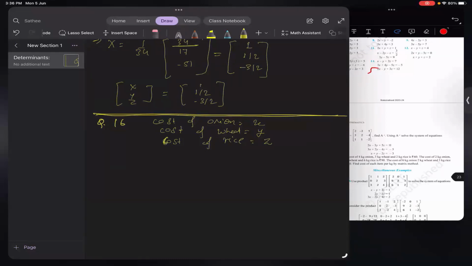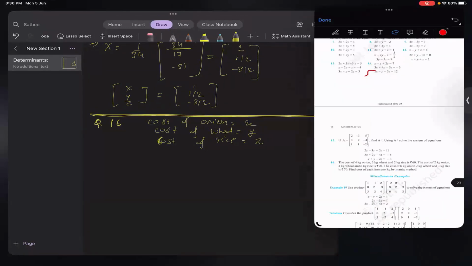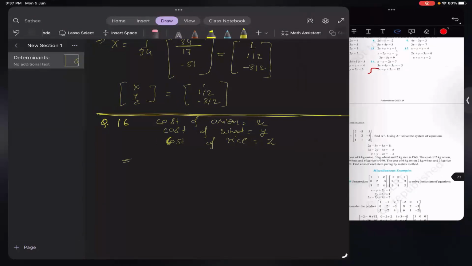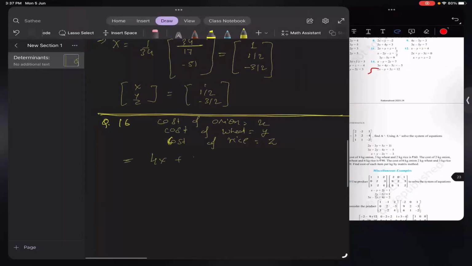So according to the first condition, we are given that 4 kg onion cost, 4x plus 3y plus 2z equal to 60, and 2x plus 4y, and this is equal to 90, and the cost of 6 kg onion, so 6x plus 2y plus, okay, so x, y, z are basically the cost per kg, and for the different conditions you are given the weight, and you are given the cost, so you have to formulate the equation at first.